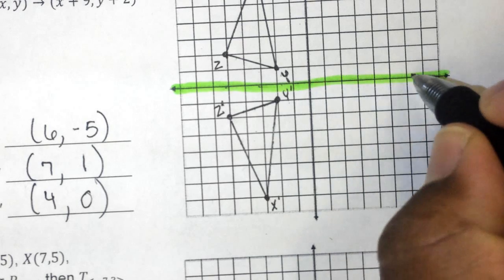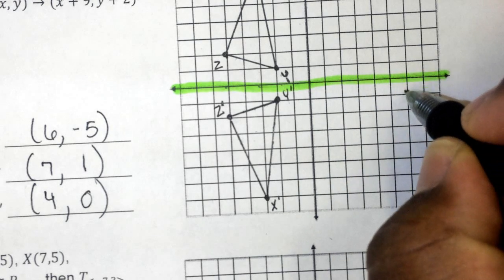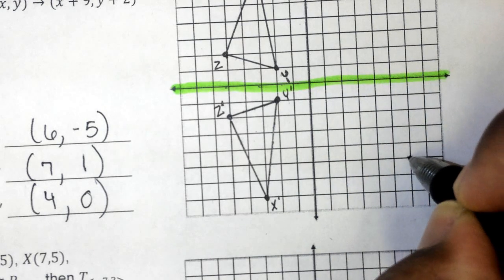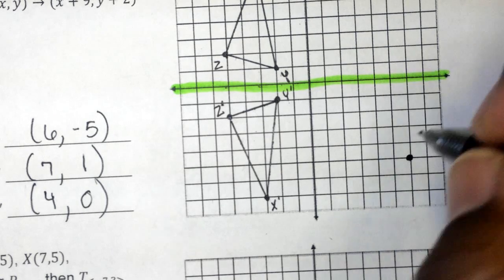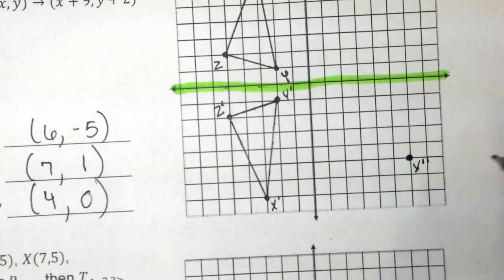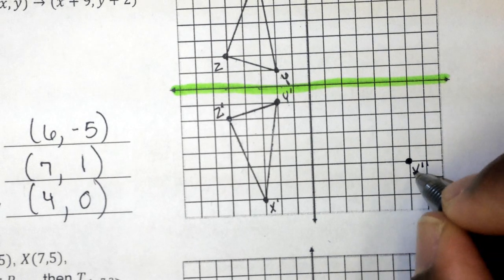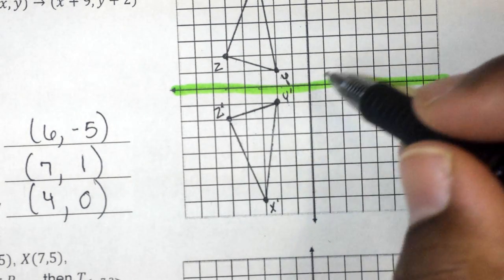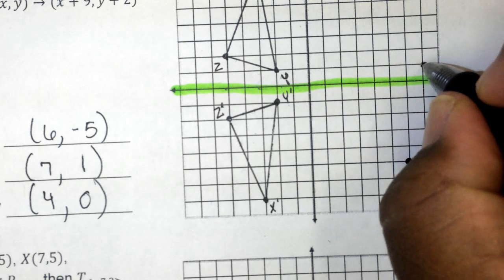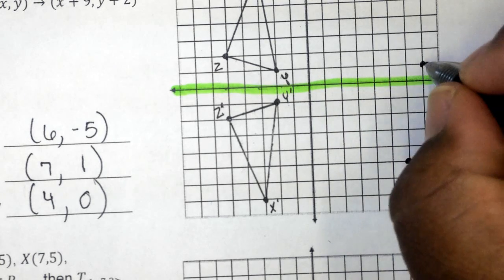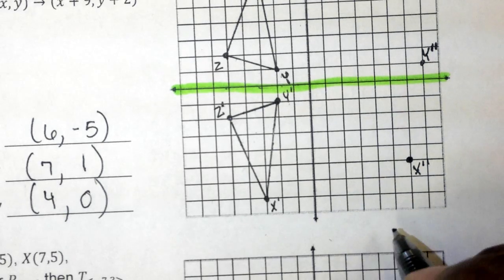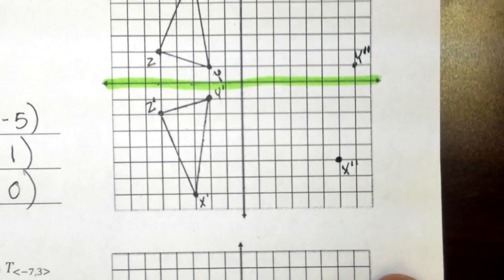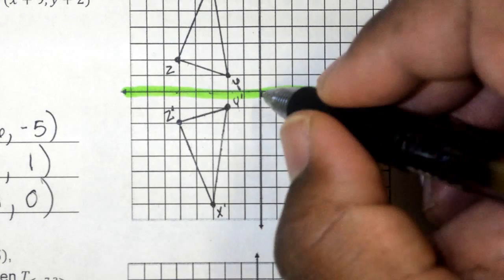So 6, -5 right here. It's gonna be X double prime for me. And then 7, +1. That's gonna be Y double prime. Slide over a little bit. And then the last one, 4, 0.